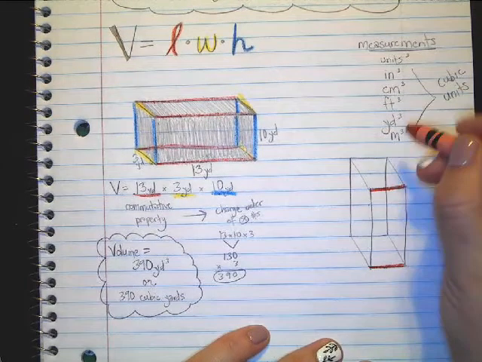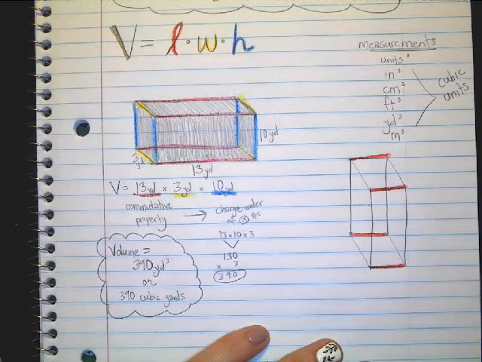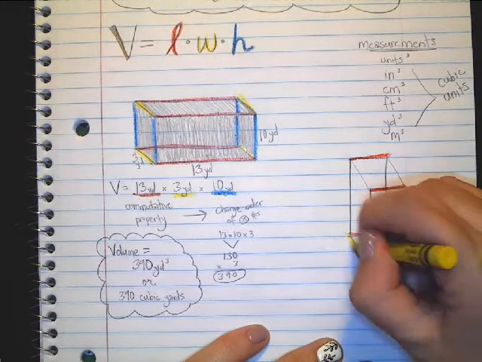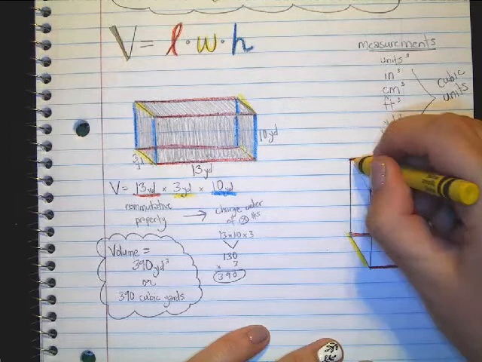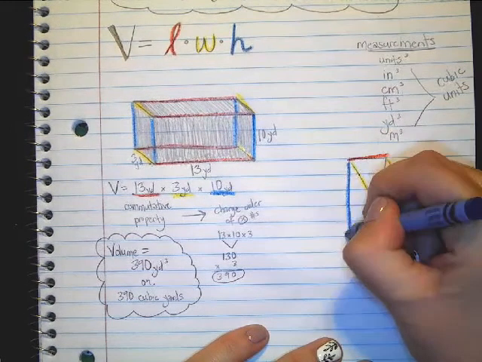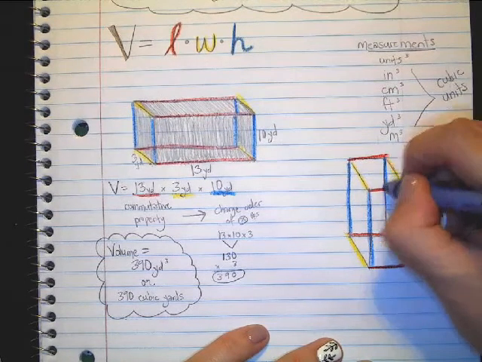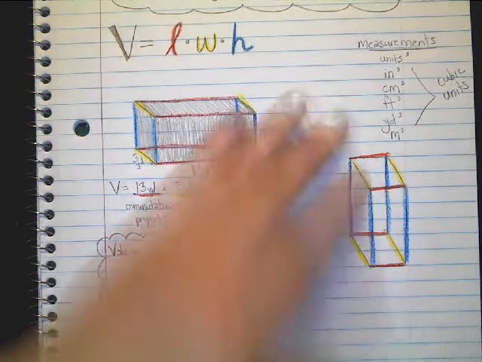It really does help if you do all these. Look, the length is not very big this time. Lengths, all those lengths. The width. And all the heights. How tall is the shape?